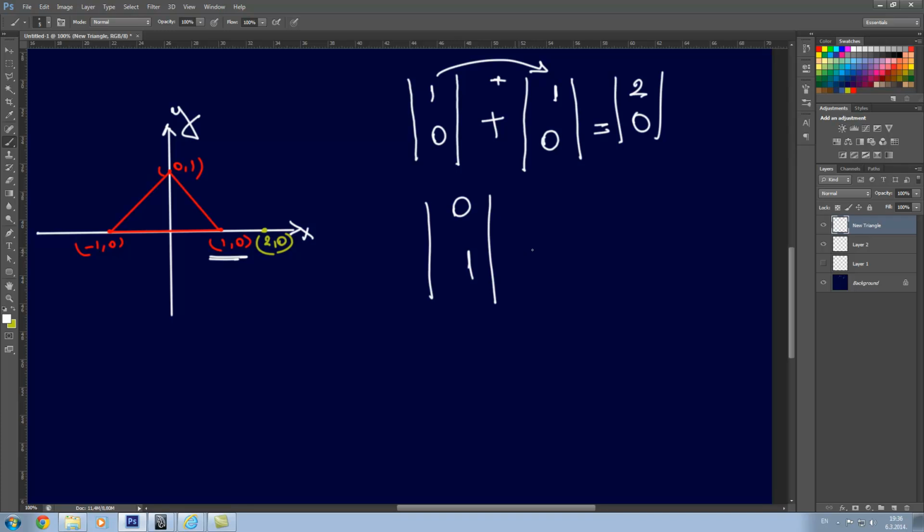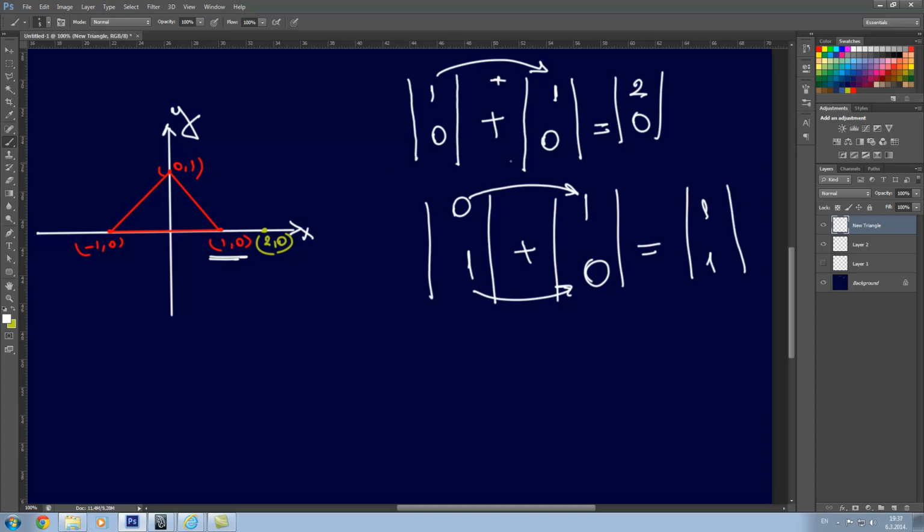If I add to it only in the x-axis, or I just add this vector to that vector, I will get 0 plus 1 is 1, 1 plus 0 is 1, and this is my new vector, which is describing a vertex at this point, 1 and 1, which is right here.